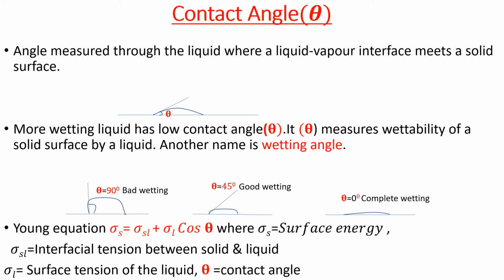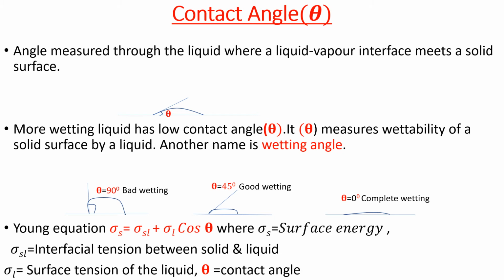If the contact angle theta is 90 degrees, then it is bad wetting. If it is a 45 degree angle, then it is good wetting. If it is a 0 degree angle, then it is complete wetting. So these are about contact angle, the angle measured through the liquid where a liquid vapor interface meets a solid surface.